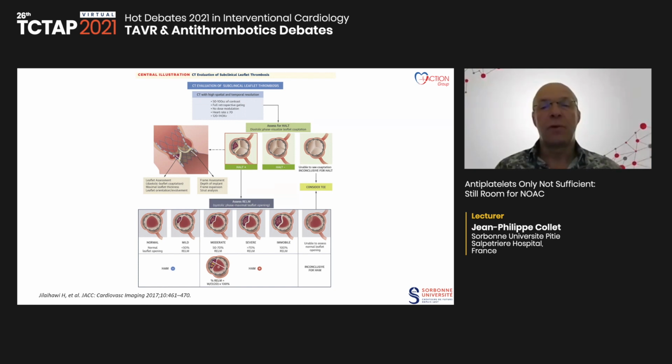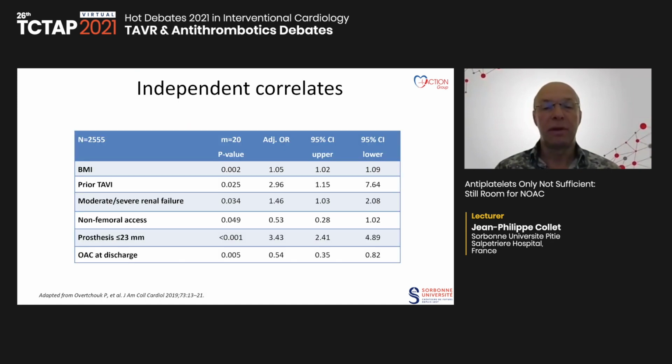And this is quite common, seen in 10 to, I would say, 30% of patients. It is not normal. So it depends where you put the threshold. And then the reduction of leaflet motion may be present in, I would say, 10 to 15% of patients, depending on the antithrombotic regimen.